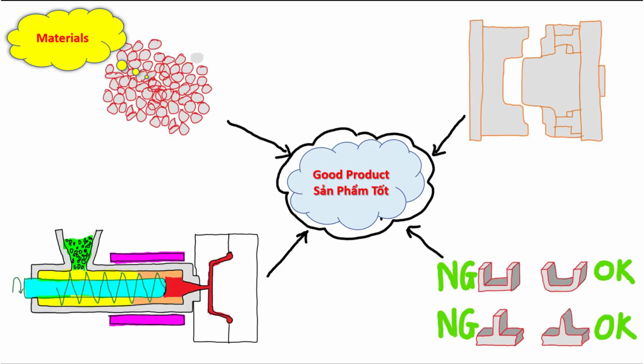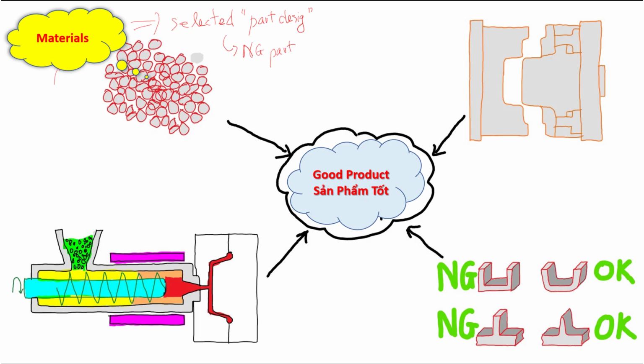Coming to the first root cause, it belongs to material. It means we select the wrong material type. The material is selected during the part design process, so if we select the wrong material, it will lead to an NG part when we conduct the actual trial.